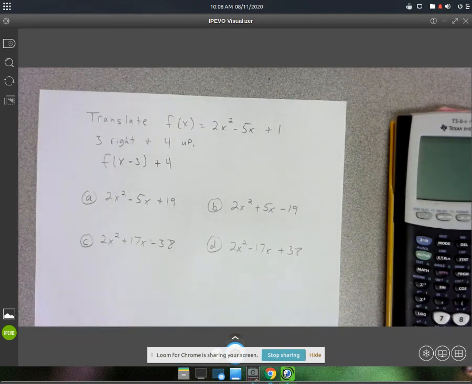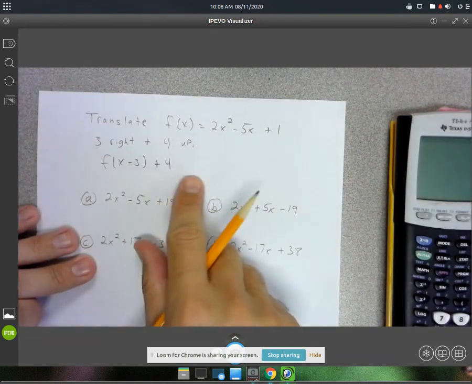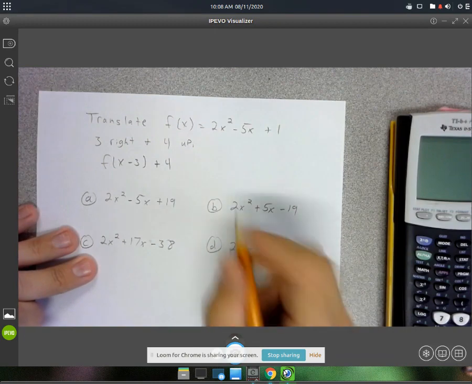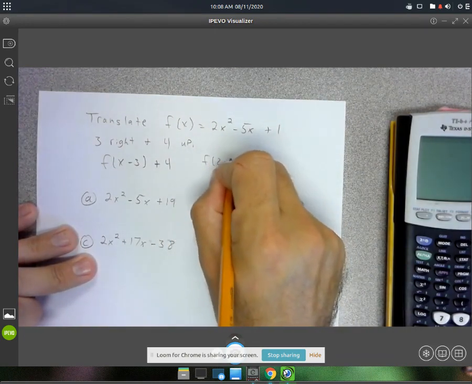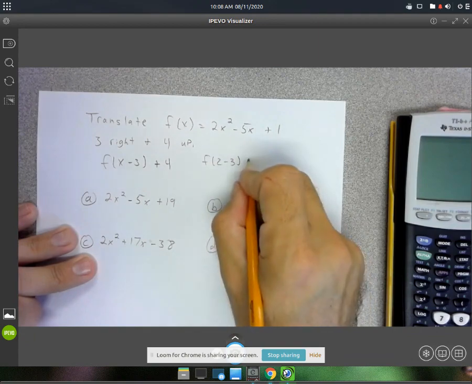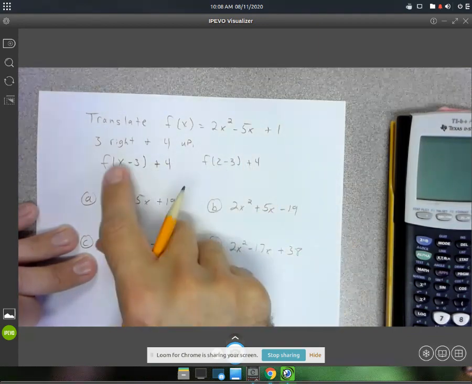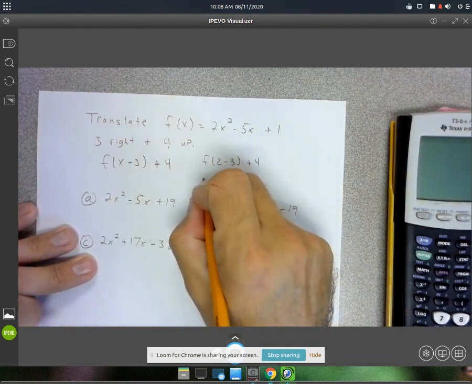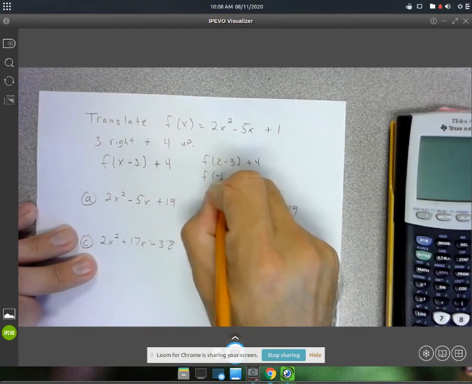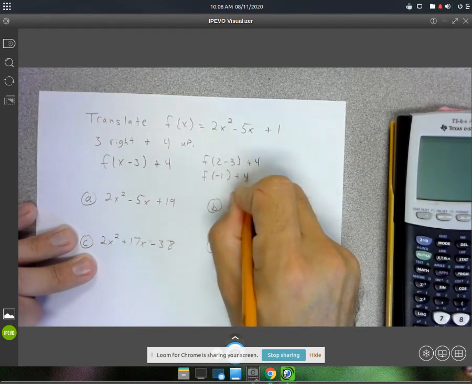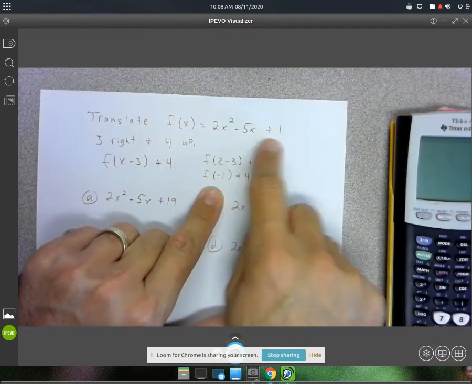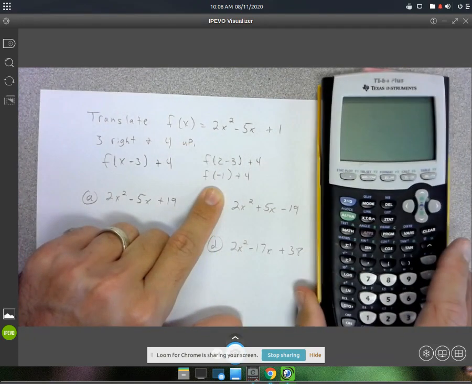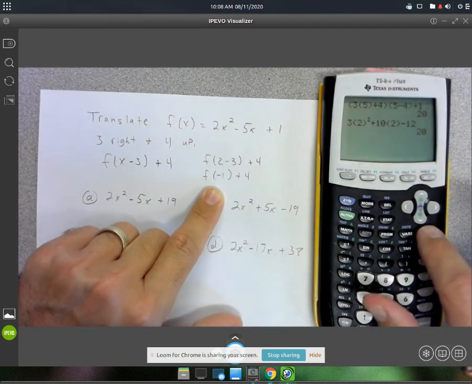So I'm going to try this by plugging in 2 for x. All right. So I'll do f of 2 minus 3 plus 4. That's plugging in 2 for that x. So I really need to figure out f of negative 1 plus 4. To do that, I'll use my original f of x function up here and just plug in negative 1 for x.